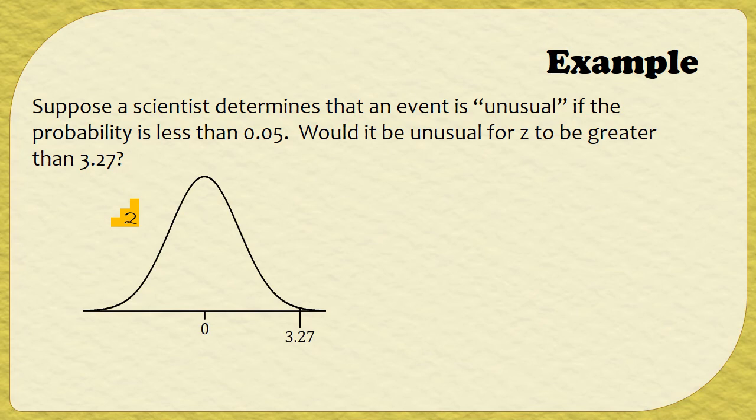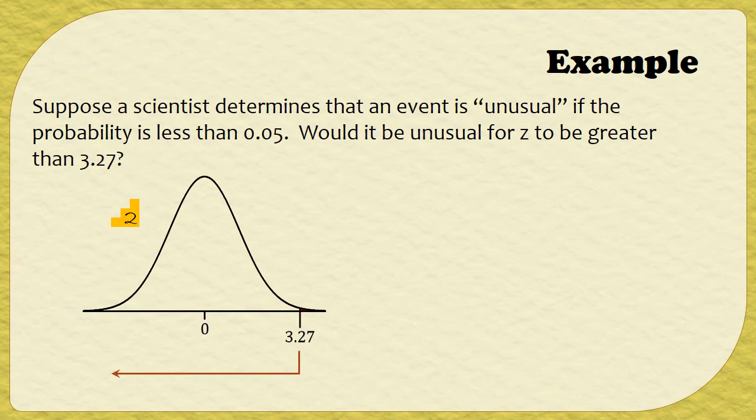And since we're interested in z being greater than 3.27, that means I'm going to shade to the right of this value, that teeny tiny space. To finish off my picture, I'm going to draw an arrow pointing to the left. Do you remember what comes next?